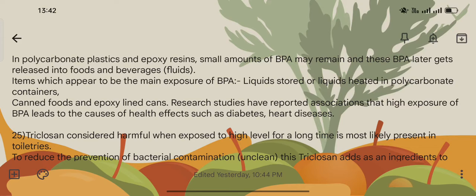The main exposure items appear to be liquids stored or heated in polycarbonate containers, canned foods and epoxy lined cans. Research studies have reported associations between high exposure to BPA and health effects such as diabetes and heart diseases.